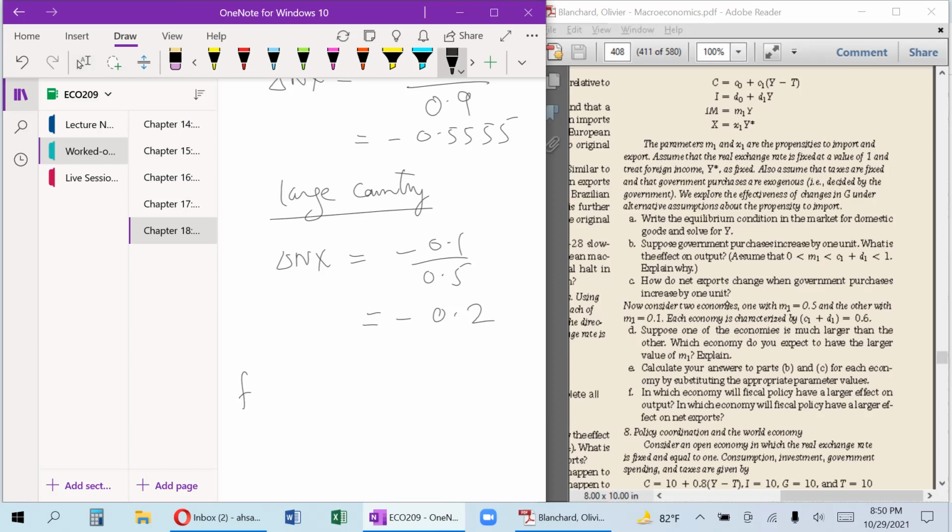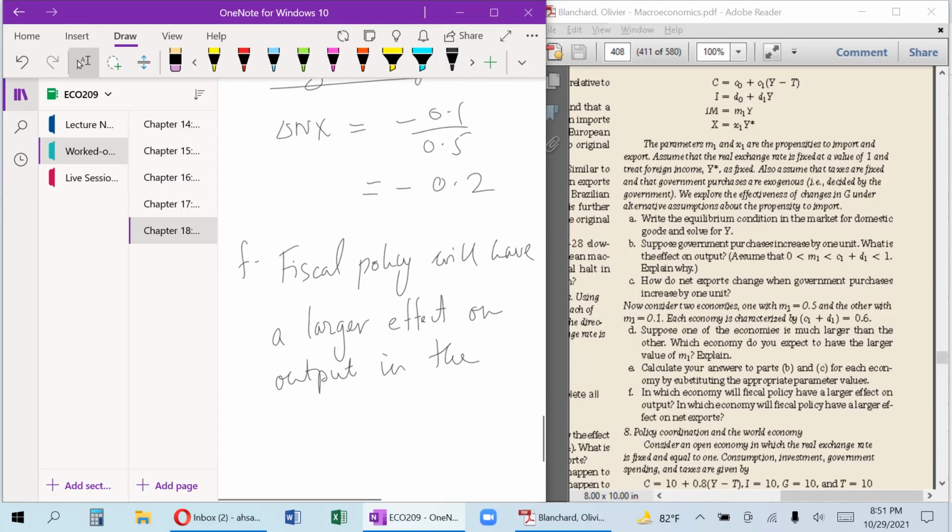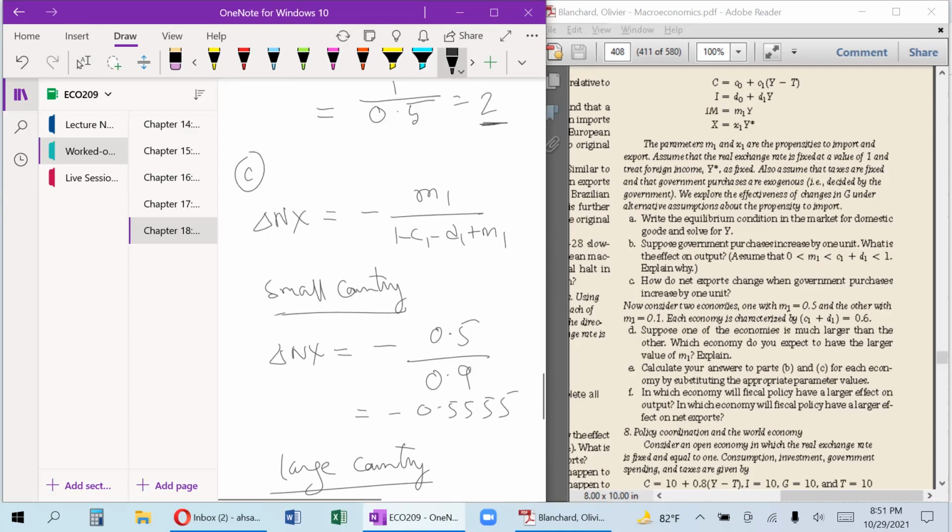Okay, let's try part F. In which economy will fiscal policy have a larger effect on output and on net export? That's fairly simple. Let me write it down for you. Fiscal policy will have a larger effect on output in the... let's figure this out.